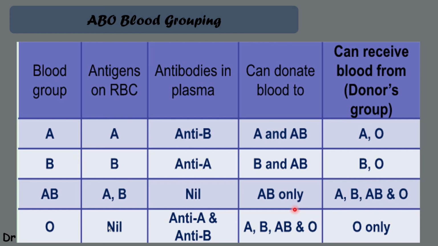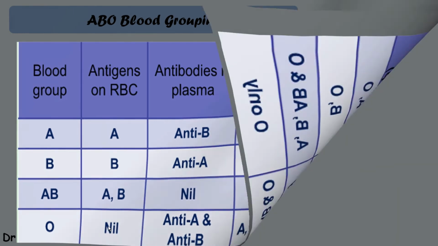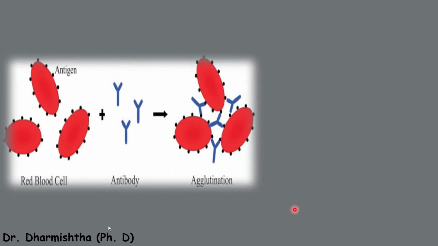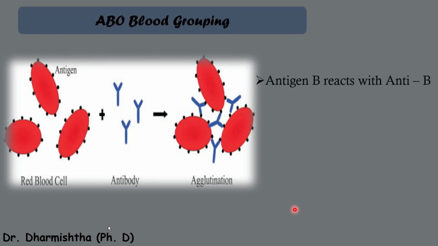But meanwhile, forget RH grouping, just concentrate on ABO blood grouping. Yes, so we will discuss the complications, and again we have to remember the donor's antigen and recipient antibodies. So how is agglutination there? Same antigen and same antibodies react with each other.